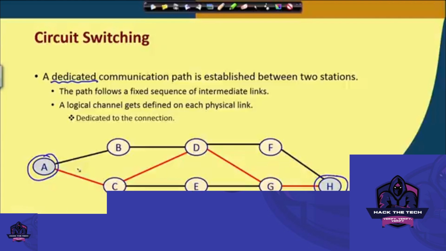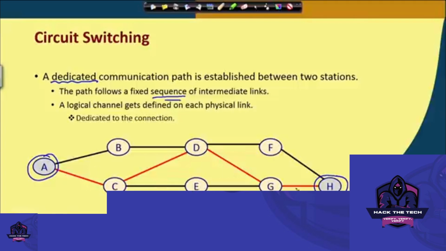And as you see, the path that we are selecting will follow a fixed sequence of intermediate nodes or links through C, D and G.